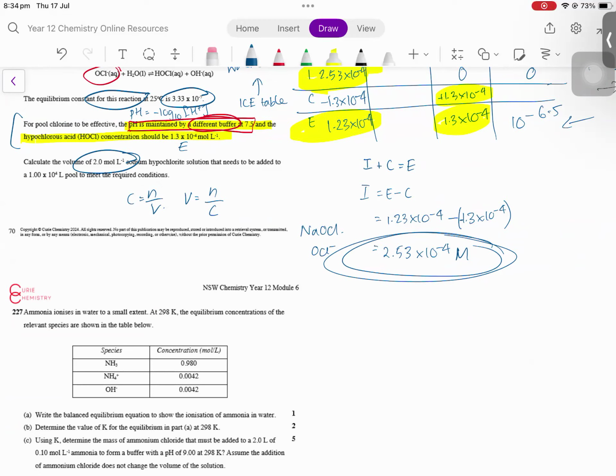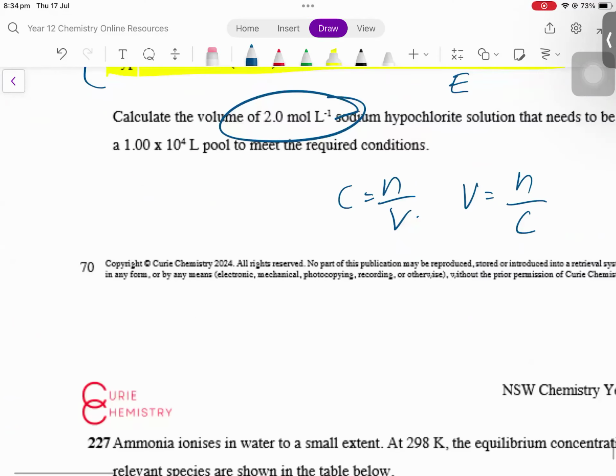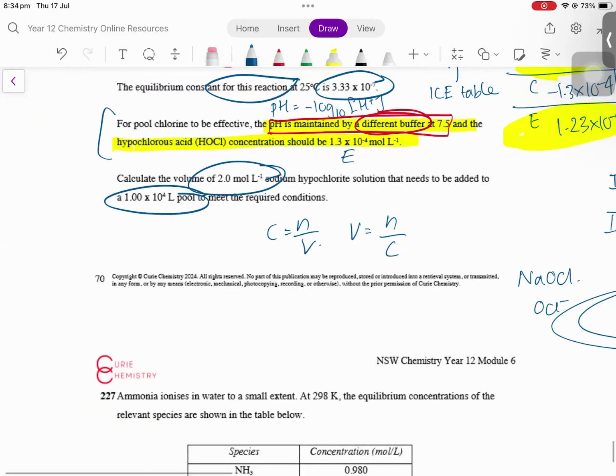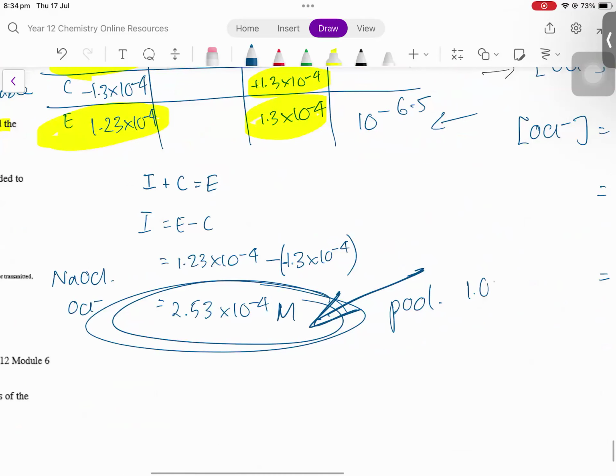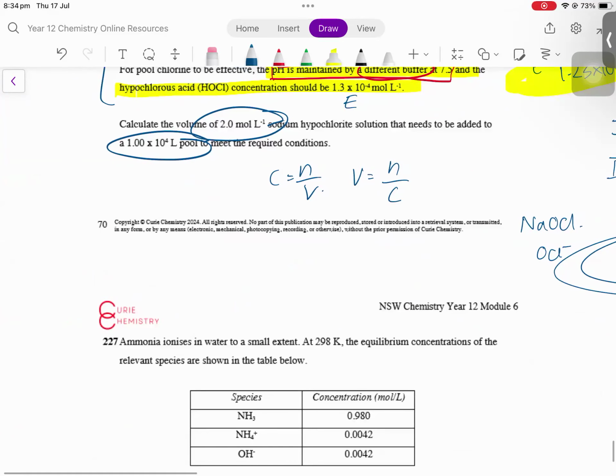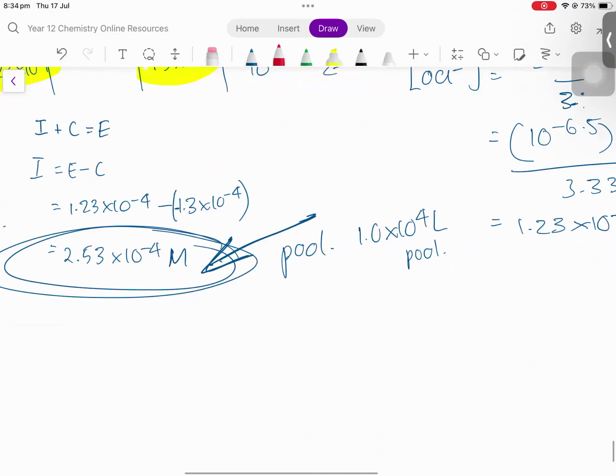What you have here is the concentration in the pool, which is the 1 by 10 to the 4 liter pool. What they want is the volume of the 2 molar solution that they need to put in.